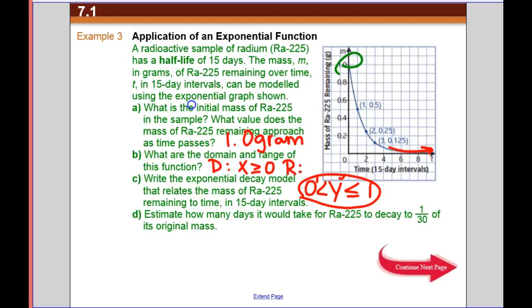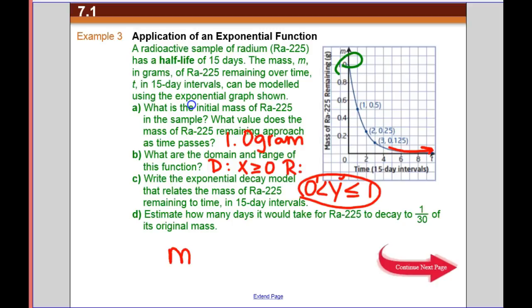Okay, so question C says, write the exponential decay model that relates the mass of Ra-225 remaining to time in 15-day intervals. So what we need is an equation. We're looking for the half-life, right? Because it says it has a half-life of 15 days.